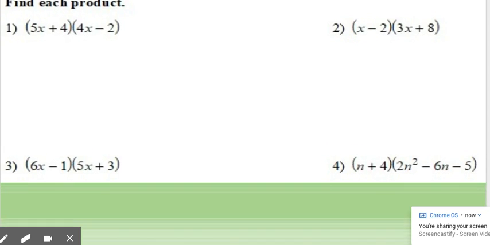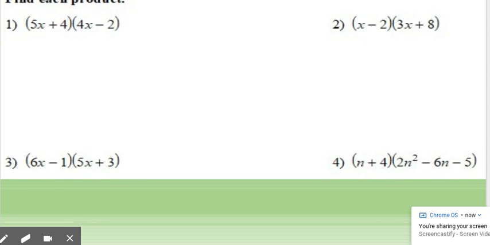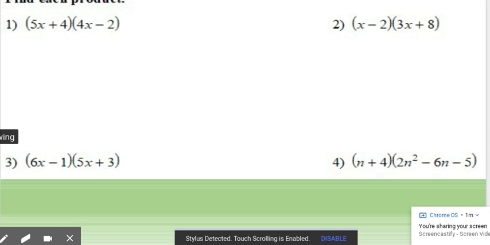What I'd like you to do is go ahead and pause the video and complete these 4 problems. Now, for number 1, number 2, number 3, and number 4, these are all multiplication problems. If you look in between their parentheses, there's nothing there.